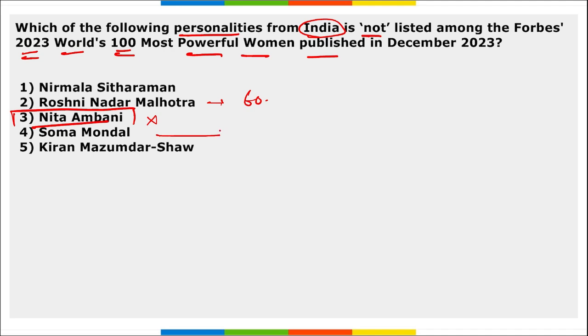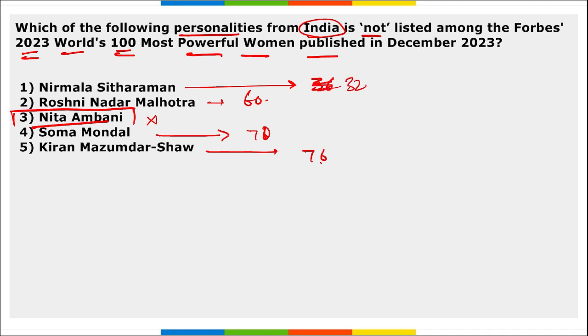Soma Mondal, she was ranked 70. Kiran Mazumdar-Shaw, she was ranked 76. And Nirmala Sitharaman ma'am, our finance minister, is 32nd on this list.